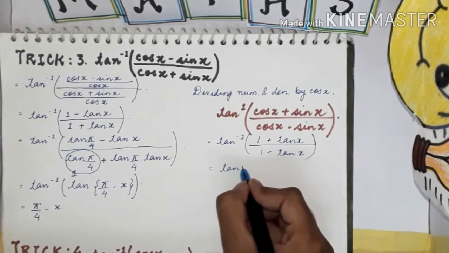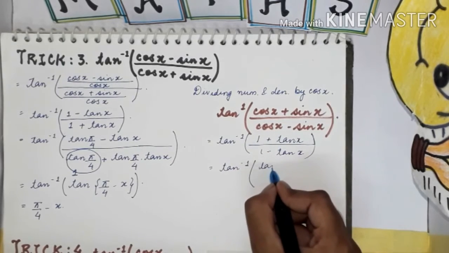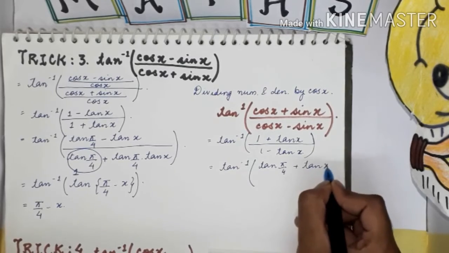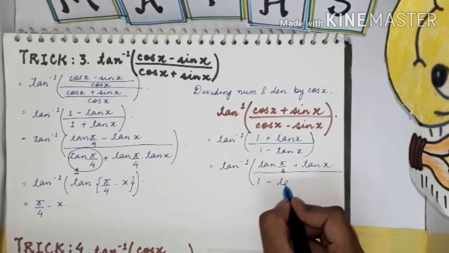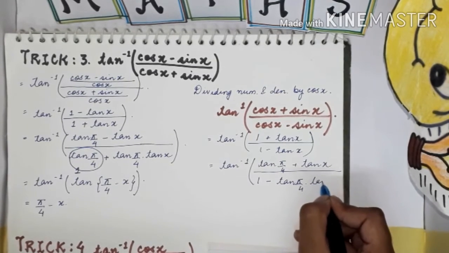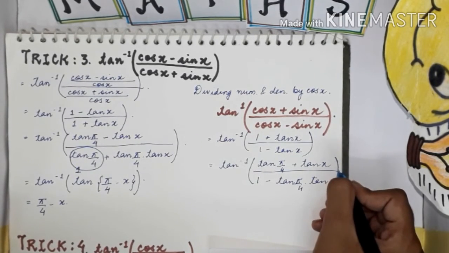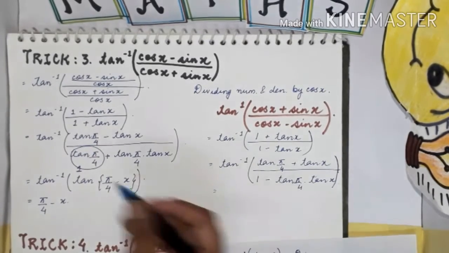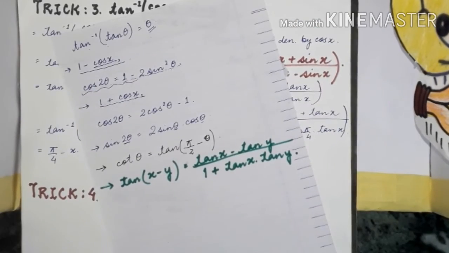Then again replace this 1 in numerator by tan pi by 4 plus tan x upon, keep this one here only, and write this tan x as tan pi by 4 into tan x, since tan pi by 4 is 1 only. So it will not change its value. So here, what is the difference? Here, there is only difference in sign. So here also, you have to use this property.